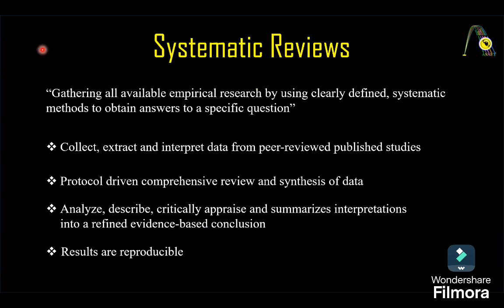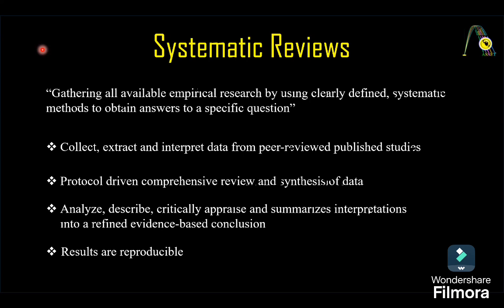All right. So we have our systematic reviews. So like we mentioned, systematic reviews and meta-analysis, these two are the most significant of the different studies. Now, why are they the most significant? Because they employ the results from the different observational studies and the different experimental studies that we just talked about.